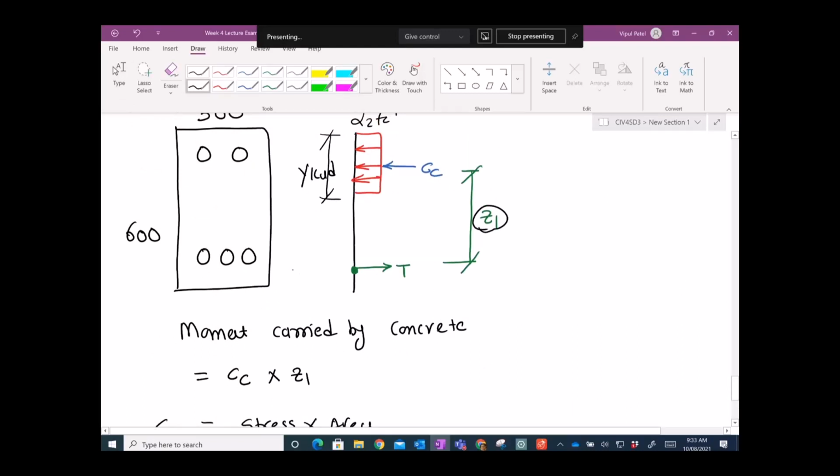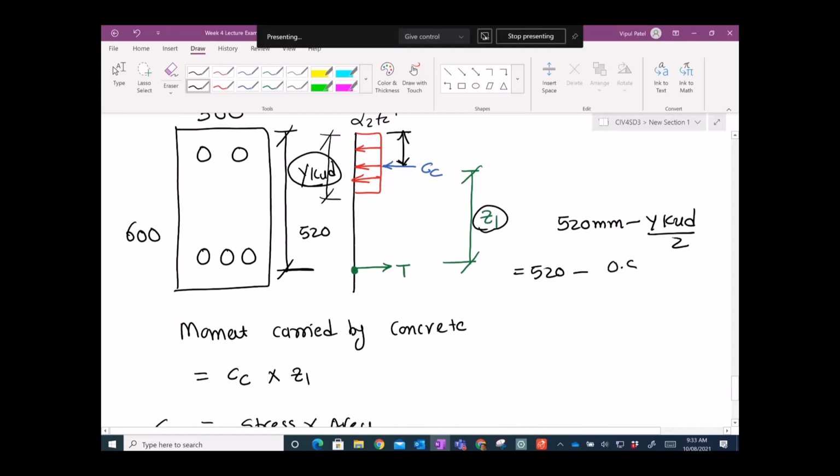By the way, you can calculate this Z1 by taking d, which is 520 millimeters, and taking away half of gamma ku d. So 520 take away gamma 0.89, ku 0.36, d 520, over 2. If you simplify that, 0.89 times 0.36 times 520 divided by 2, you get 83 millimeters.